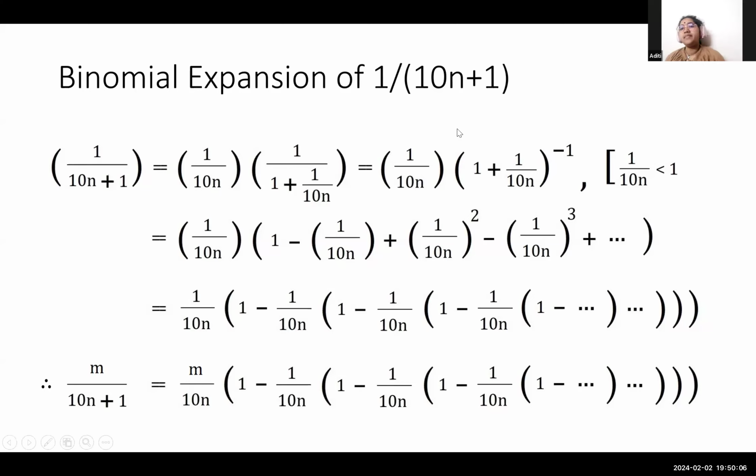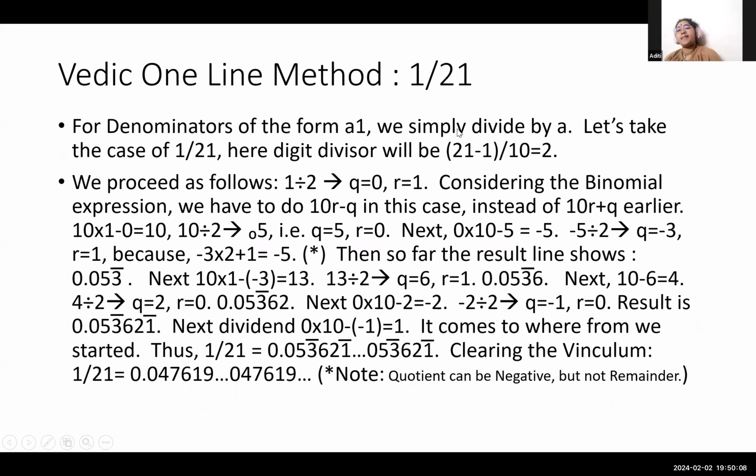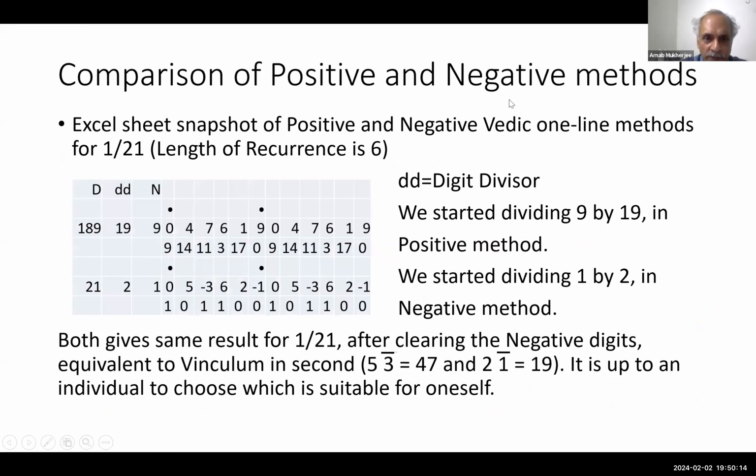Clear? Yeah. So procedure-wise, what do you do? Here actually, in a very fast go, you first try to master that plan. Here I have compared it in the Excel sheet calculation, by the method of 9 by 159 and 1 by 21 directly by the negative method.